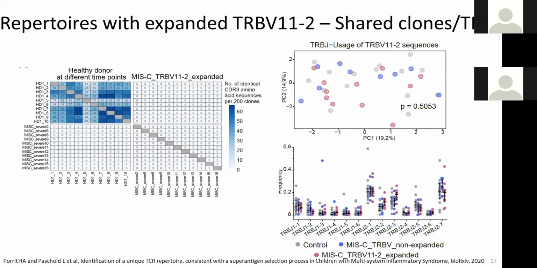So first we checked for identical clones within the groups, but there were none or not more than you would usually expect. And then we checked, as we did before, the J usage in general and for the TRBV 11-2, but there was no difference.